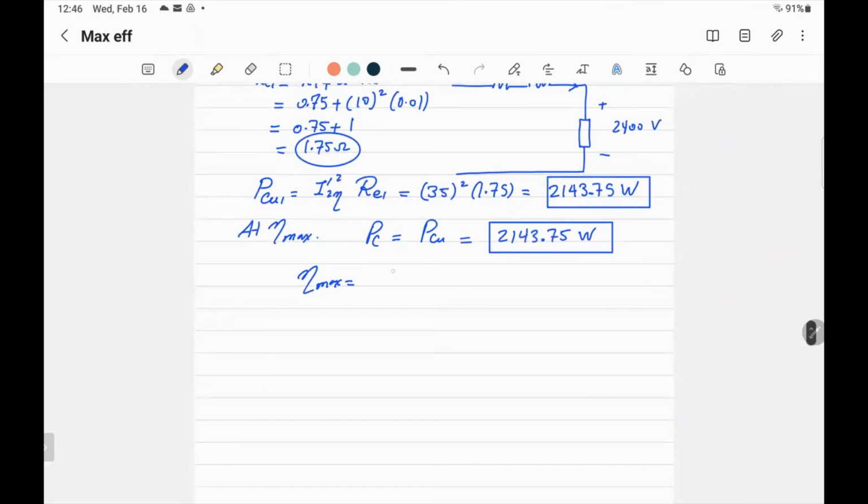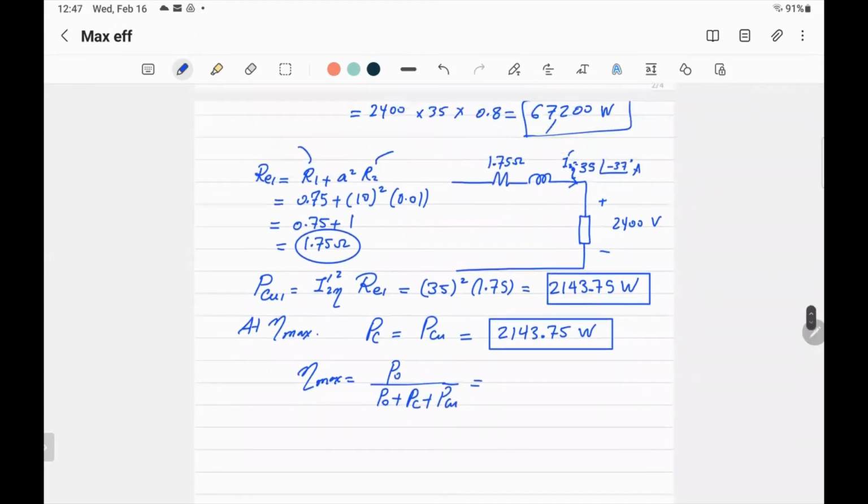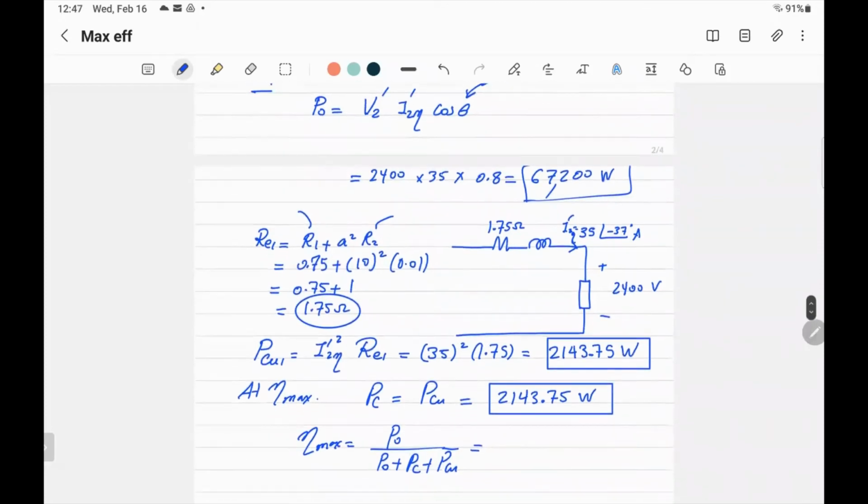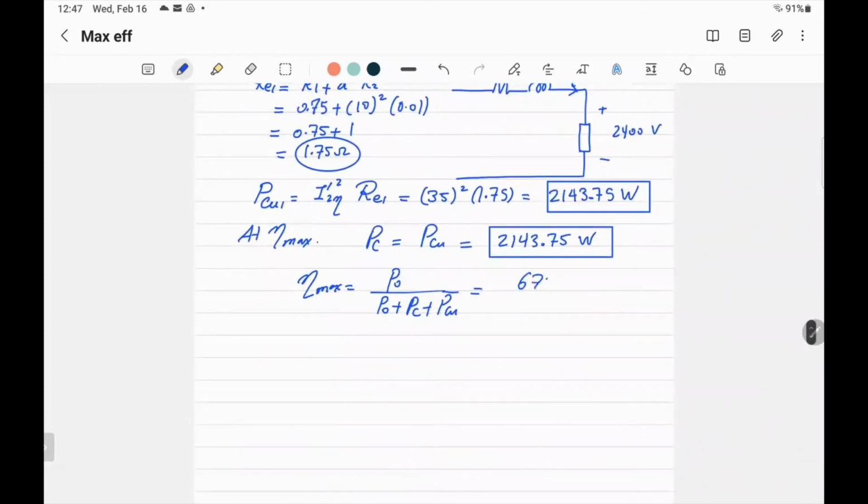So the maximum efficiency is equal to output power over input power. Input power is equal to output power plus core loss plus copper loss. The output power, we got it, 67200, plus those are equal, so you can just multiply it by 2, 2143.75.